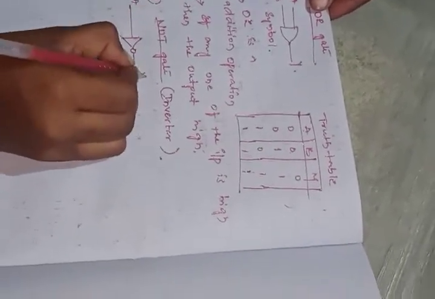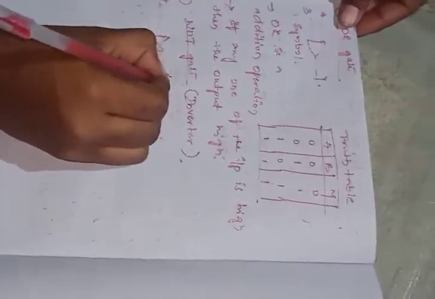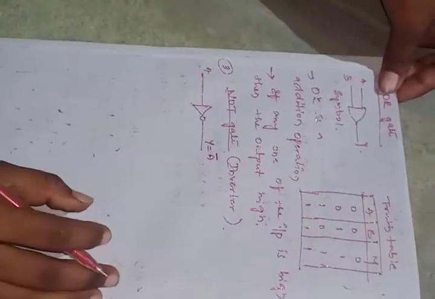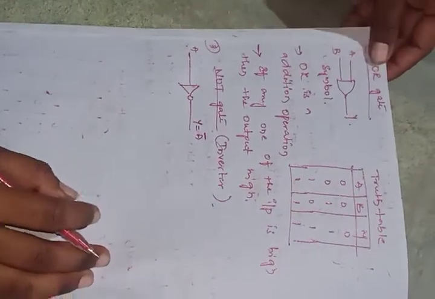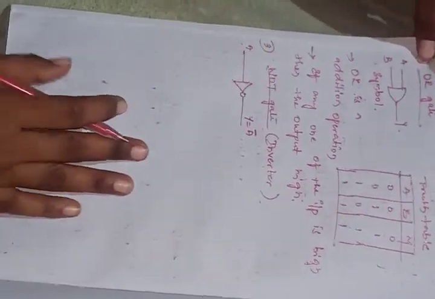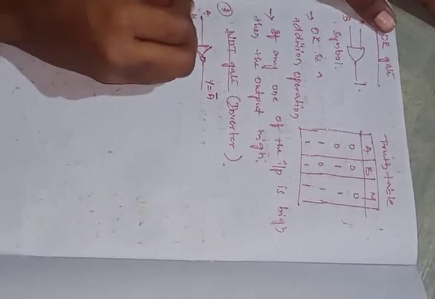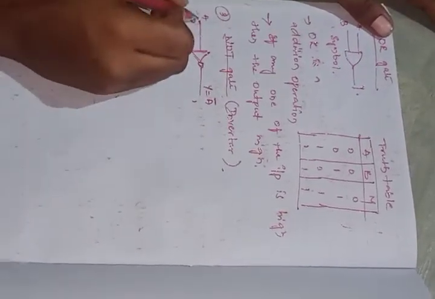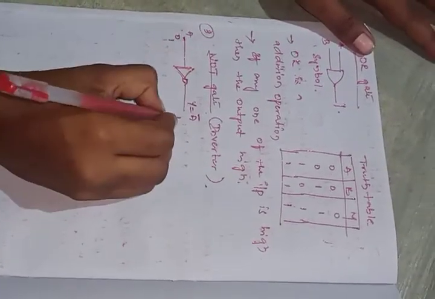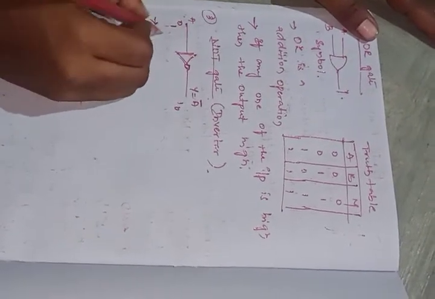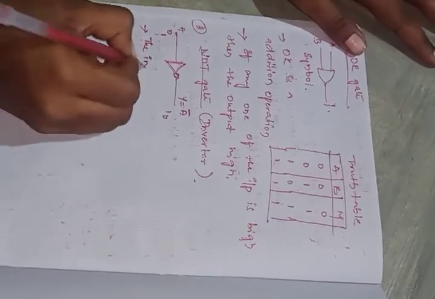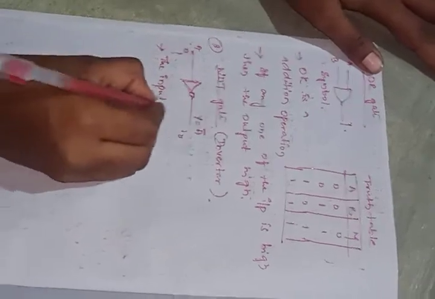Input is A, output is equal to A bar. If we give input as 0, then the output is 1. If we give input as 1, the output is 0. It means the input is complemented.